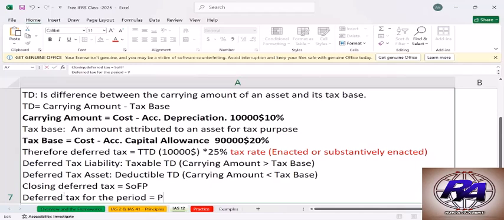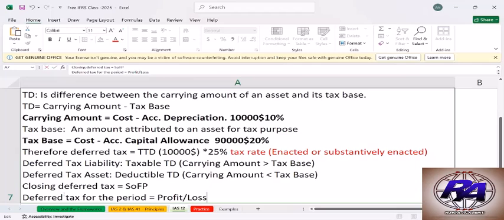So the closing deferred tax goes to the statement of financial position, while the deferred tax for the period goes to the profit or loss account.